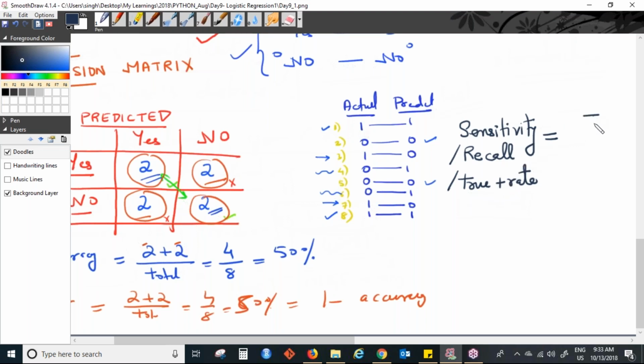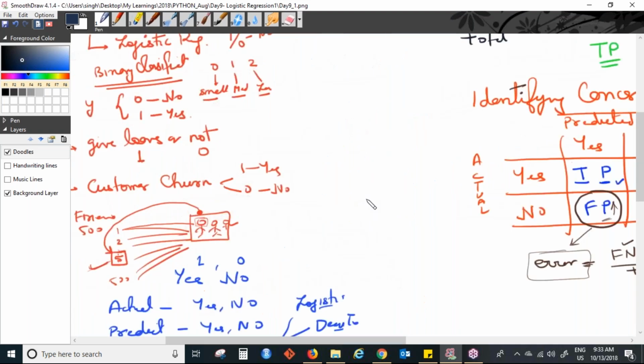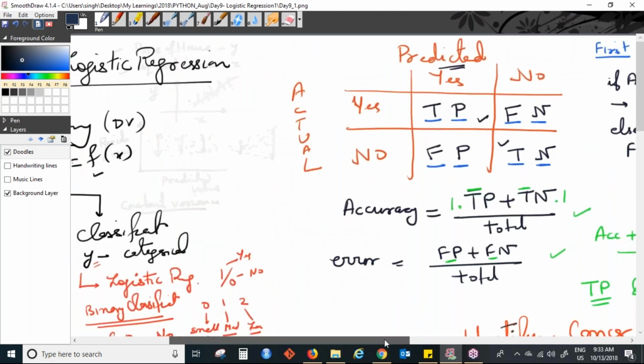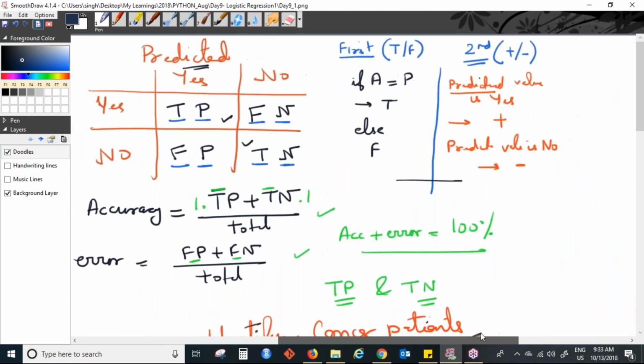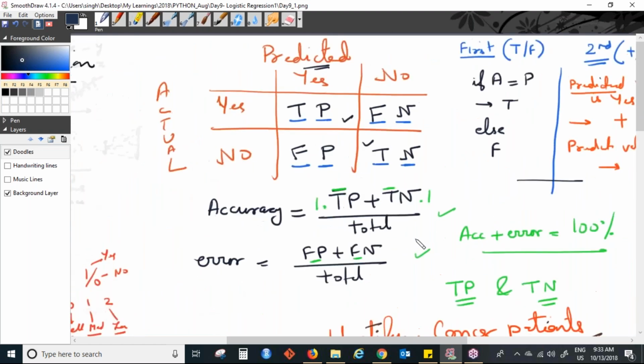This is true positive divided by true positive plus false negative. This is the formula for sensitivity. Let me write it here so that you have all the formulas at the same place. Let me write it. Maybe I should write it here.